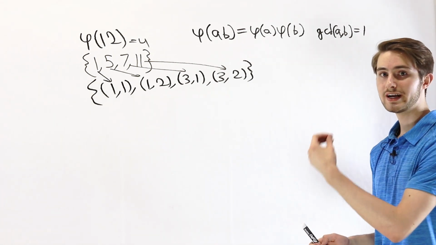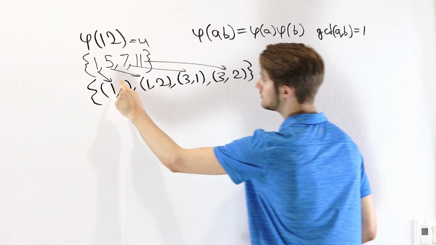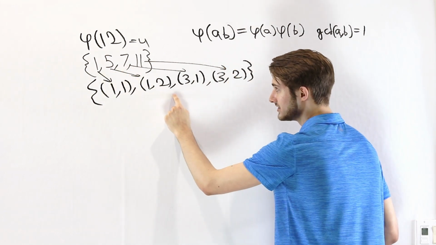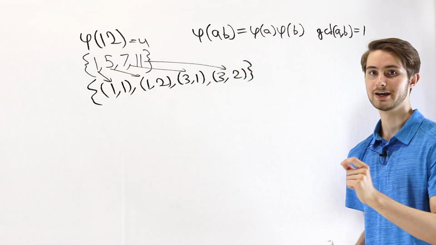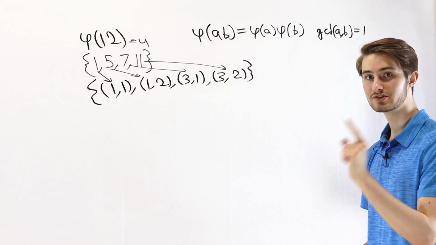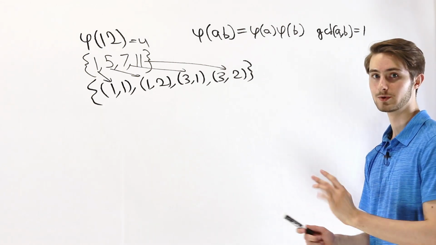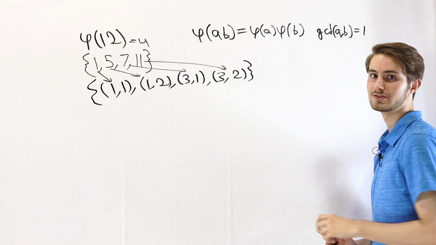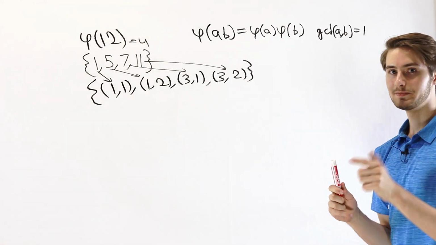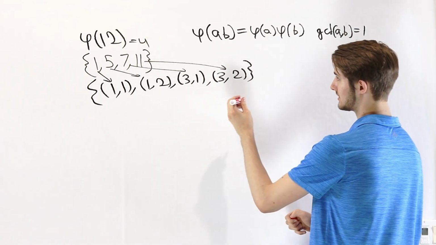So we want to try to find a way to go from this first set to this second set that is a bijection. If we can find some function that does that, then we're done. We've proved this theorem. Now I'm going to pick a function that looks like this.